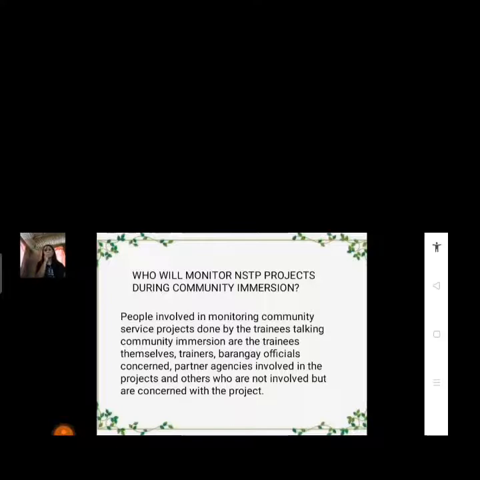How will we monitor in NSTP projects during community immersion?